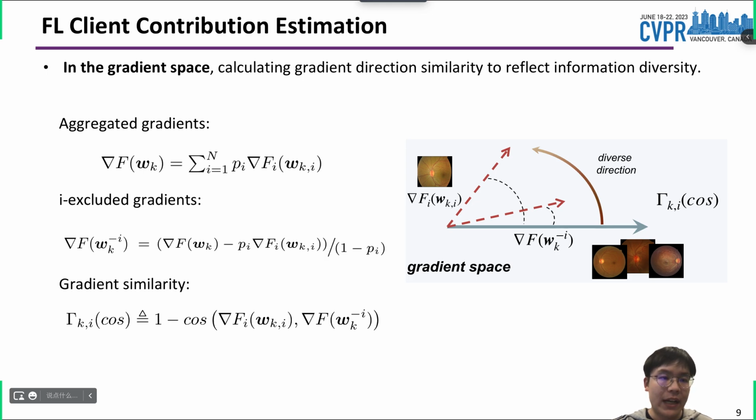We have the aggregated gradients from all the clients, and we also calculate the i-excluded gradient. This removes the gradients from a certain client i and utilizes all remaining gradients. By calculating the cosine similarity using these two kinds of gradients, we can measure how diverse a certain client can provide information to the overall federation.